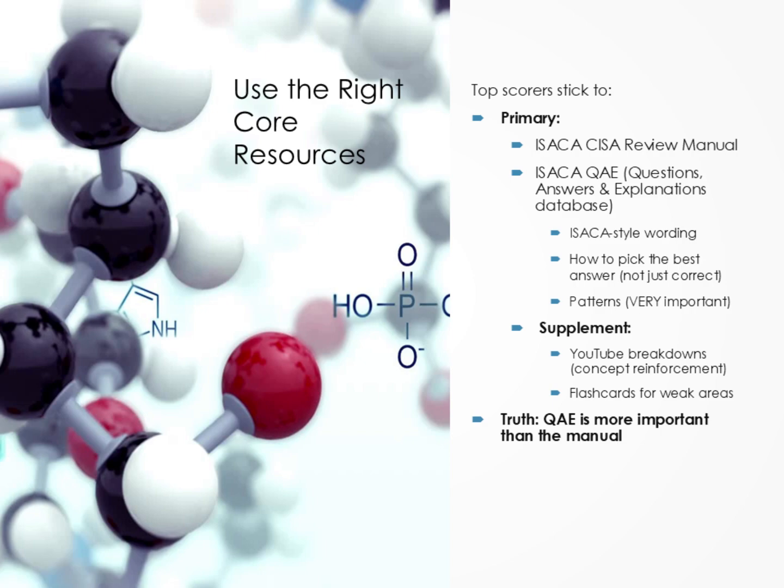This is where you really learn how the exam works. It helps you understand CISA-style wording, how to choose the best answer, not just a correct one, and recognize patterns across questions. You can then supplement this with YouTube breakdowns and flashcards for areas where you need reinforcement.